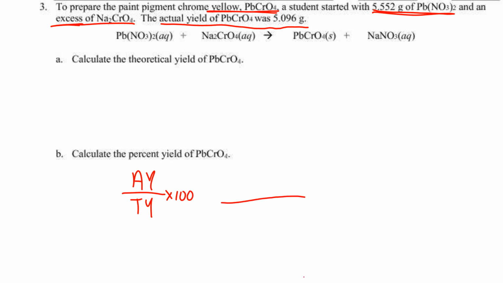Remember, percent yield is calculated by actual yield over theoretical yield times 100. So we already have part of this equation, we already have the 5.096. And so we're trying to solve for theoretical yield first. To solve for theoretical yield, I'm going to take my given 5.552 grams of lead nitrate.